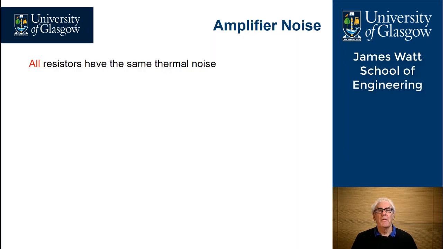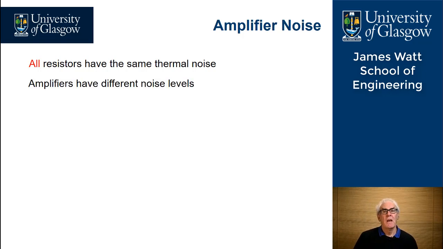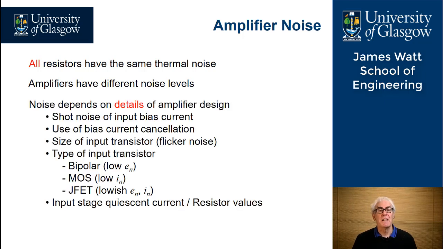We've already found out that all resistors have the same thermal noise subject to the resistance. However, amplifiers can have different noise levels depending on the way that the amplifiers have been designed. They can have shot noise from their input bias currents.